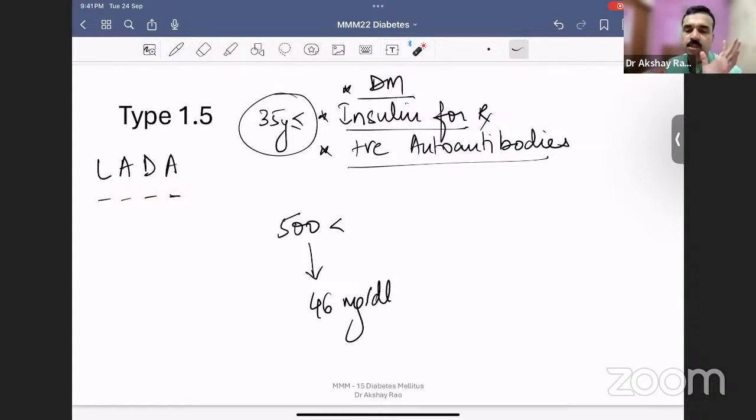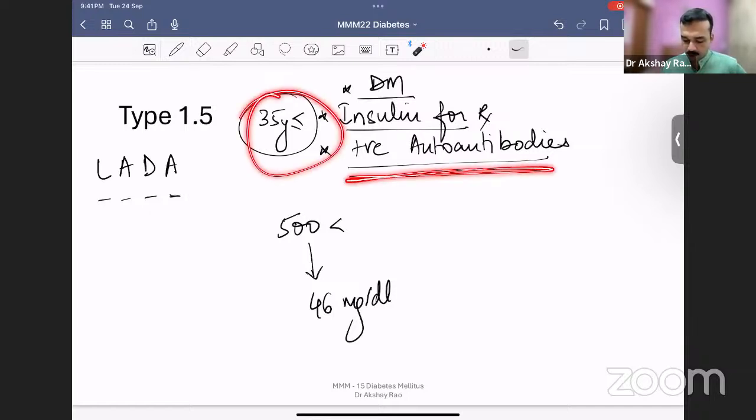That is when you start suspecting that the patient has LADA. Then you send autoantibodies. You will get them positive. So there is a small percent of patients with type 1 diabetes who will present late. That is what is called latent autoimmune diabetes in adults. Okay. So this is 1.5. Though the person is older, they are developing type 1 diabetes.